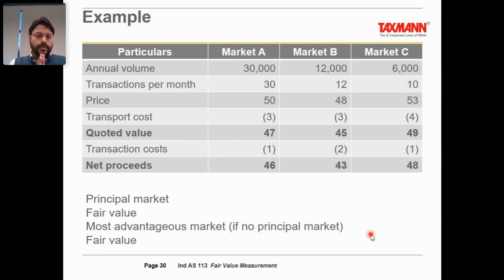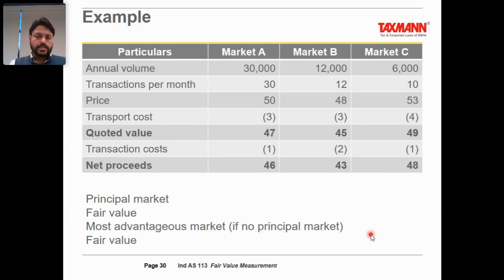That is the quoted value after adjustment of transportation cost, assuming that transportation costs are part of the contractual obligation. Otherwise, fair value would have been taken at 50 if that is not the case. Now, 47 is assumed to be the fair value here. So, the principal market is market A and 47 is the fair value.